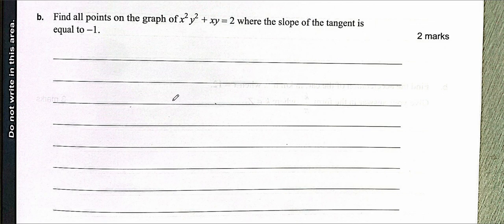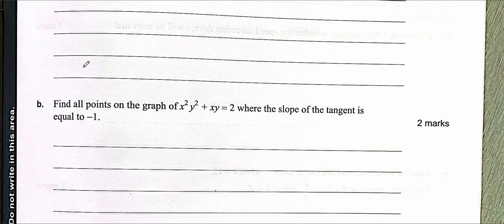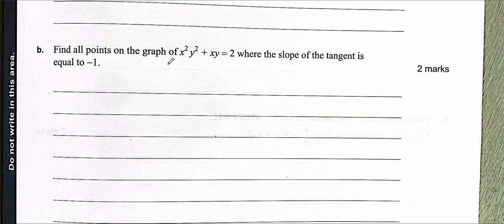Find all points on the graph where the slope of the tangent is equal to -1. So that's just a simultaneous equation. This is the first equation, and the second equation is that negative y over x is equal to -1, which means that y is equal to x. So substituting y equals x in there, we get x to the power of 4 plus x squared minus 2 equals 0.